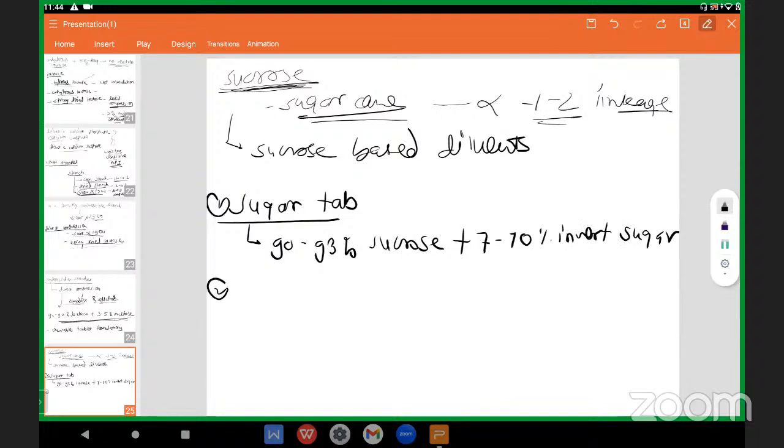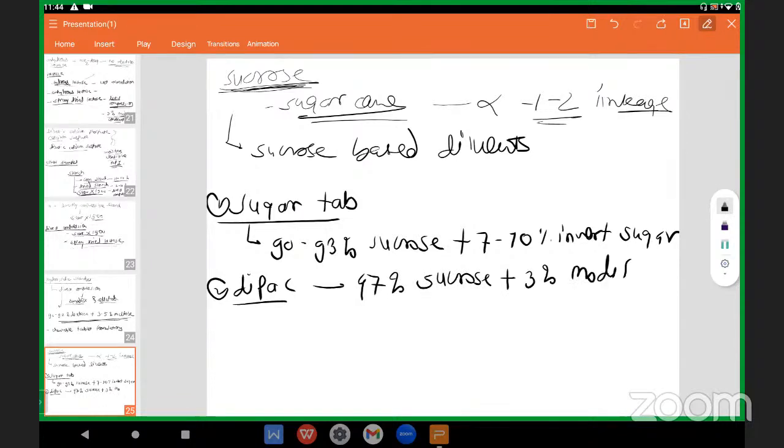Second sucrose based diluent is DiPac. Take the example and composition. DiPac is having 97% sucrose plus 3% of modified dextrin.